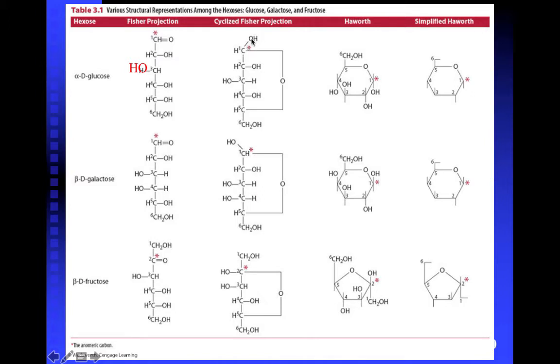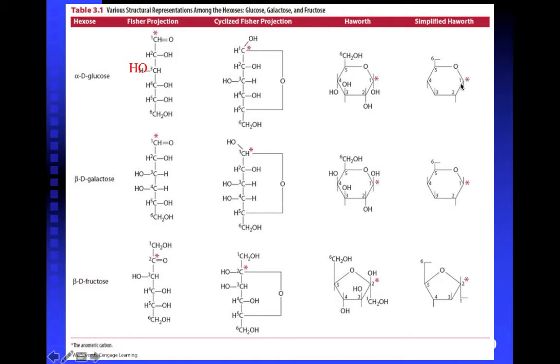So now you have a hydroxyl group on carbon number 1. So now when you draw this in a cyclic structure, let's look at the simplified. We now have a hydroxyl group on carbon number 1 because the hydrogen that was part of this oxygen that did this is now associated with the oxygen that was an aldehyde on carbon number 1. Maybe you have to listen to that a couple times, and this is probably all review though.